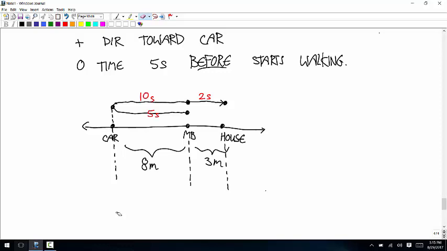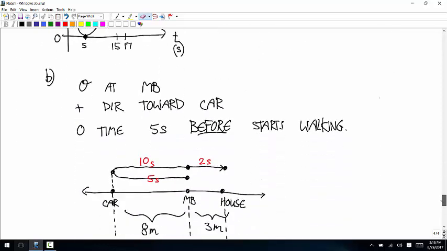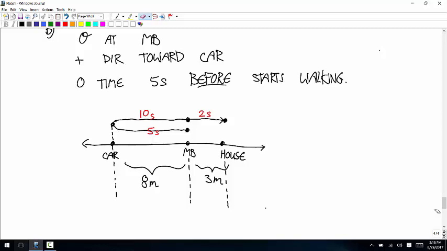And all we're doing with the 0 time, position, and positive direction is coming up with a way to represent this all numerically. Okay, but we don't have any control of what the man does. We're just watching it happen. So now we're going to say that the 0 is the mailbox.